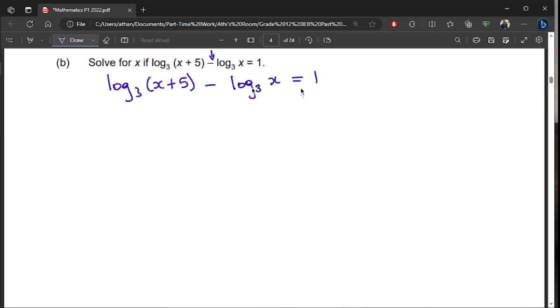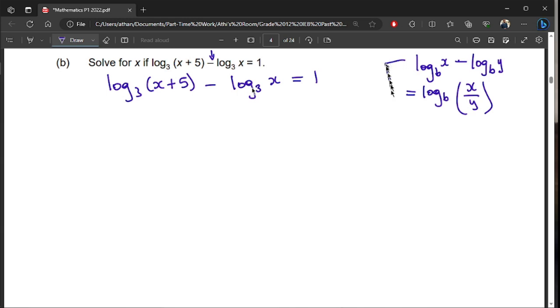So we have to remember the rules for log. The rules for log say if you are subtracting, let me write it here, let's say you are given log base b of x minus log of the same base b of y, this can be simplified to log base b, but inside the brackets you're going to divide x by y.